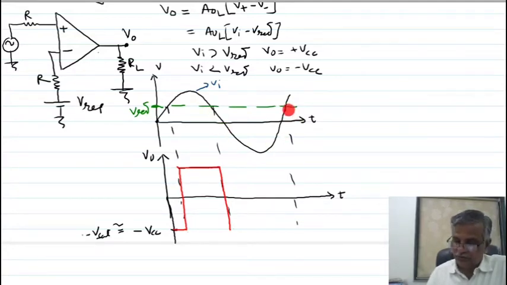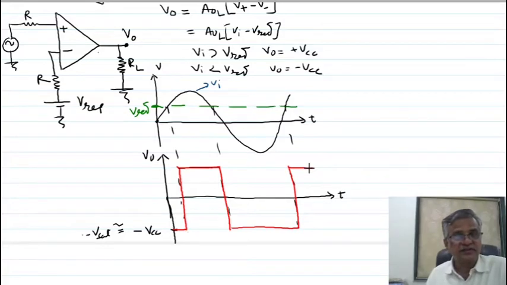During this time, Vi is greater than V reference; here Vi is less than V reference, so the output is negative. We already discussed this in the last lecture.